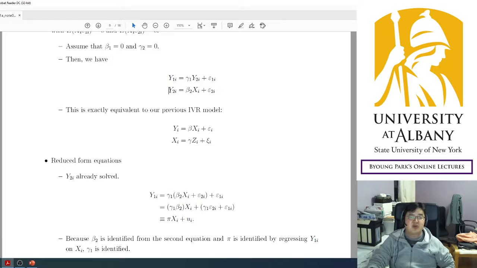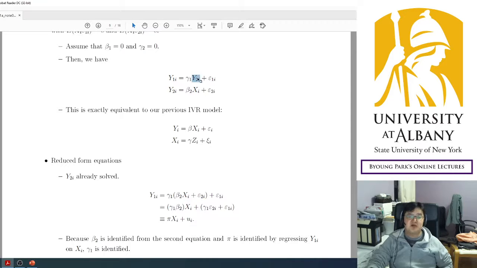By the way, the y2 equation is already reduced. There is no endogenous variable on the right hand side. So y2 is already determined by the exogenous variable and the error term, but y1 needs to be rewritten like this.